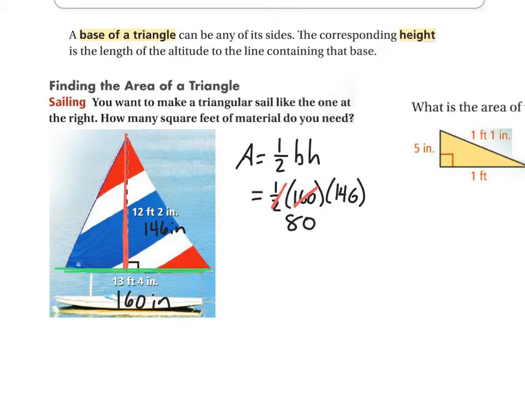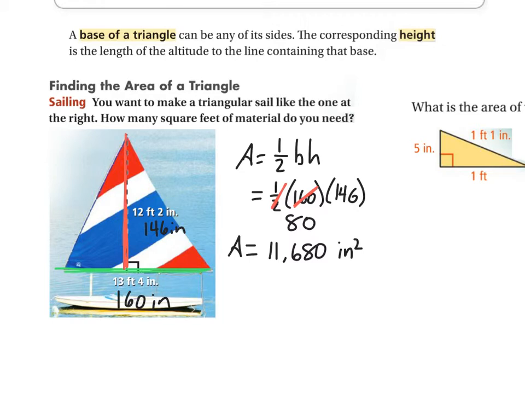And so now in my calculator, I've got to take 80 times 146. 11,680. Now that is in square inches, because we did everything in terms of inches, right?